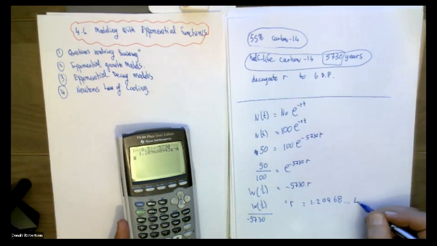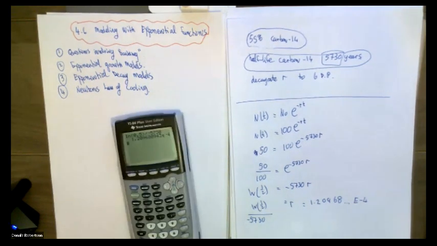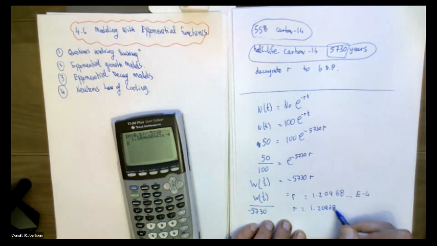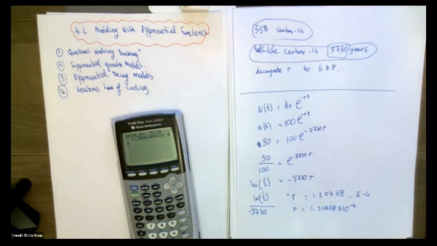And then it has this funny e to the negative 4, which makes this 1.20968 times 10 to the negative 4. It's called scientific notation.